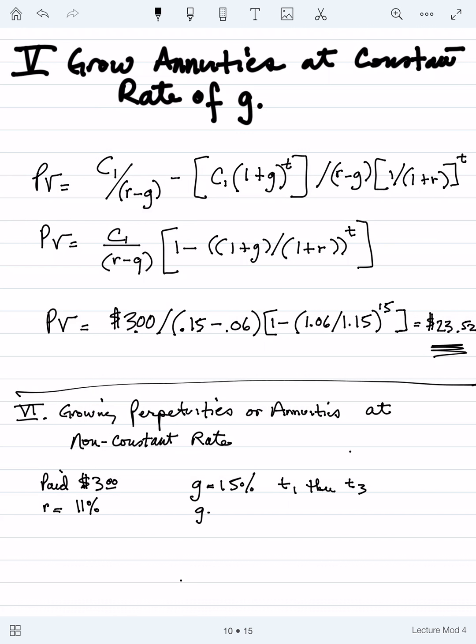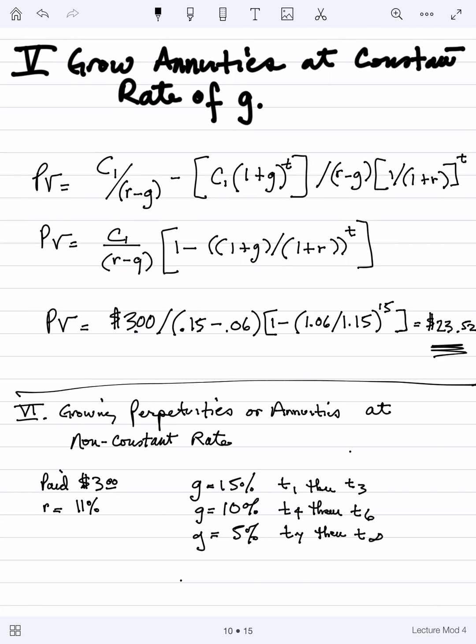Imagine growth was running 10% for 3 years, T4, T5, and T6. And then let's say growth is only 5% from time period 7 through infinity.